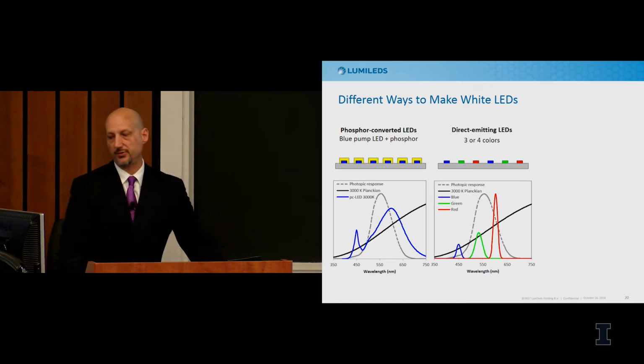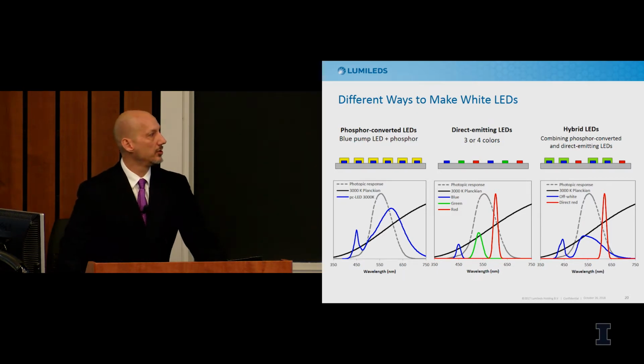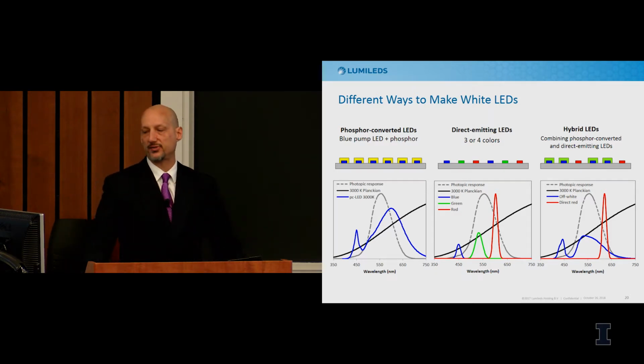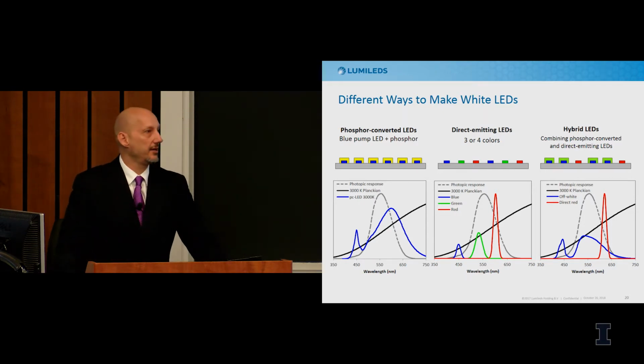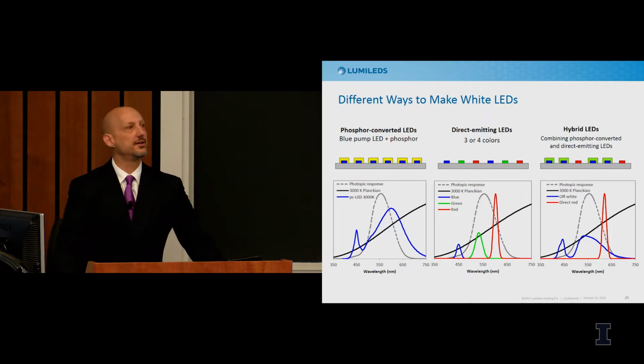Other ways are to use blue, green, and red LEDs directly, or possibly a hybrid approach where you use a blue pump, a phosphor, and then LEDs to fill in some parts of the spectrum. The predominant technology used today is the blue pump phosphor, and that's primarily due to the fact that the green and red LED spectrum still need to be improved.